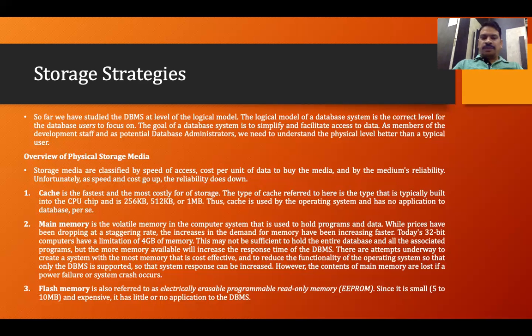Okay, let's talk about another memory, which is called main memory. Main memory is nothing but your RAM. Now, main memory is also a volatile memory, right?